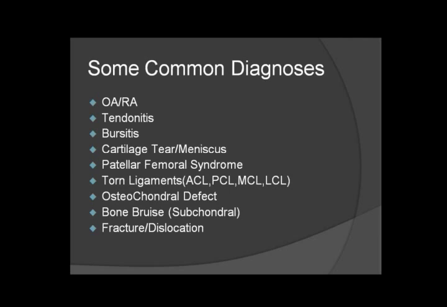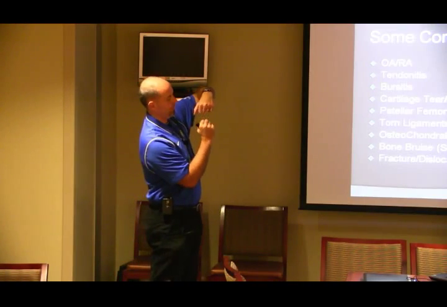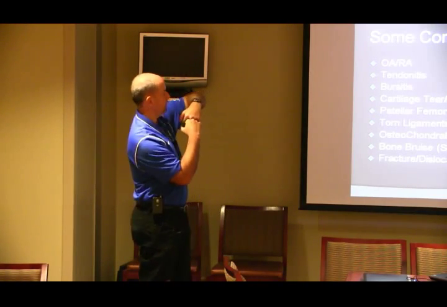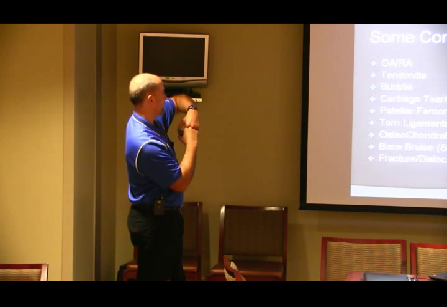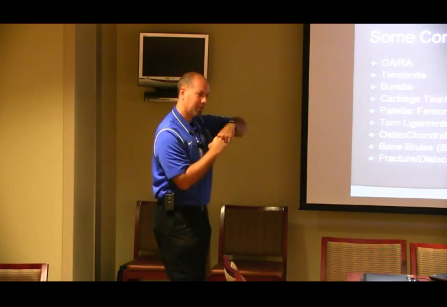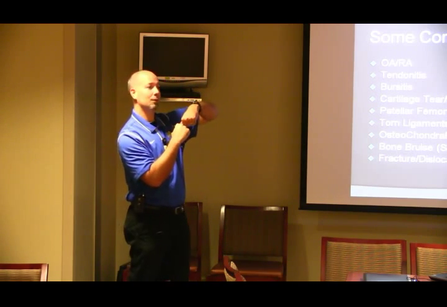Let's see, osteochondral defects. Basically, I keep holding my hands like this. I'm just saying if the knee joint was here and you see it bending back and forth like that, the cartilage, the hyaline cartilage that touches itself there, we talked about wearing down to bone. Sometimes people will sprain their knee or land hard on the knee and it'll impact the knee joint.